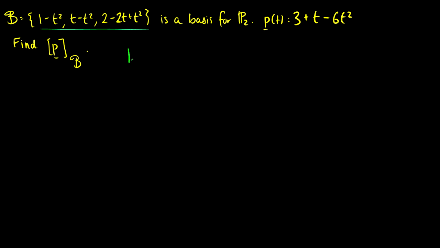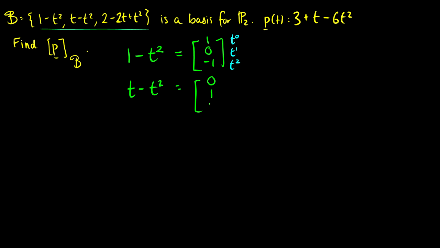So if we have 1 minus t squared, well, this is just equivalent to the vector 1, 0, negative 1, where we have, say, the t0s here, the t1s here, and the t2s there. Okay, so I'll do the next one. What about t minus t squared? Well, we have 0 t0s, we have 1t, and we have negative 1t squared.